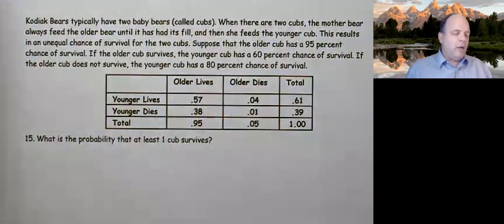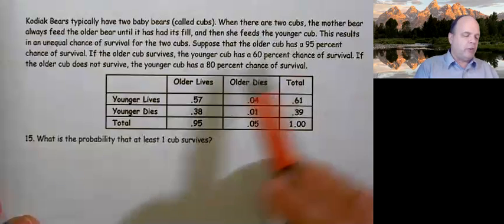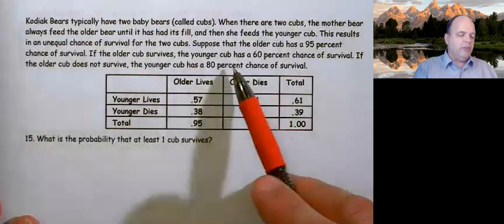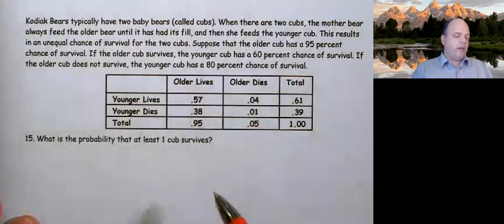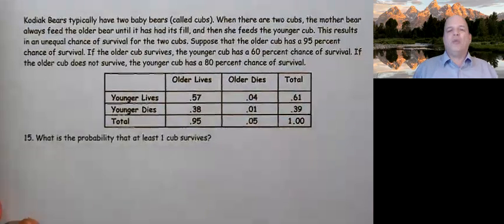When there are two cubs, the mother bear always feeds the older bear until it's at its fill, and then she feeds the younger cub. The result is an unequal chance of survival for the two cubs. Suppose that the older cub has a 95% chance of survival. If the older one survives, the younger cub has a 60% chance of survival. If the older cub does not survive, the younger cub has an 80% chance of survival. What's the probability that at least one cub survives?